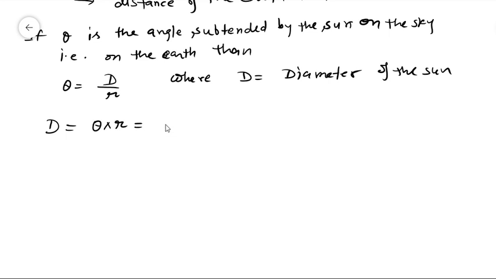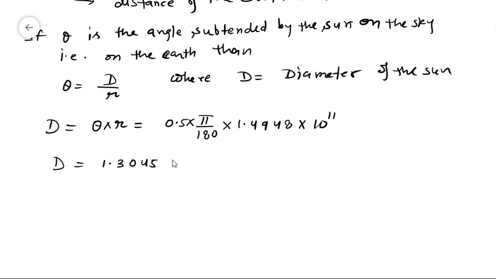So theta will be equal to 0.5 degree, and that is to be converted into radian by multiplying by pi divided by 180, into the value of r, which was found to be 1.4948 times 10 to the power 11, and this comes out to be 1.3045 times 10 to the power 9 meters.